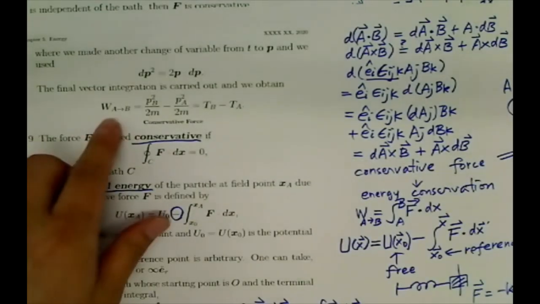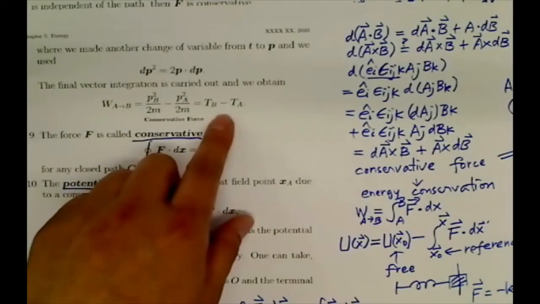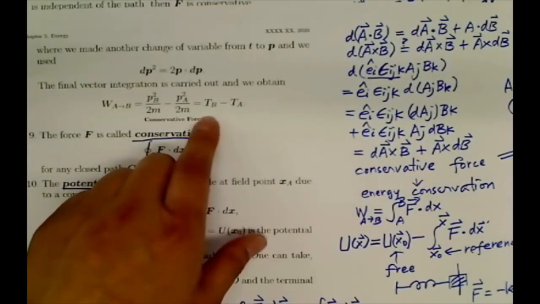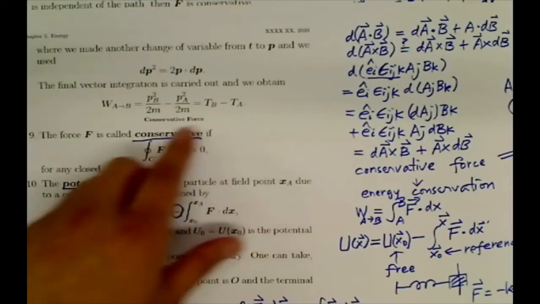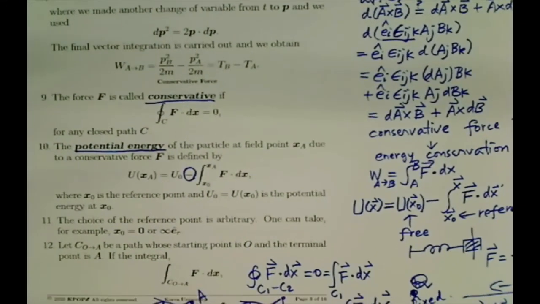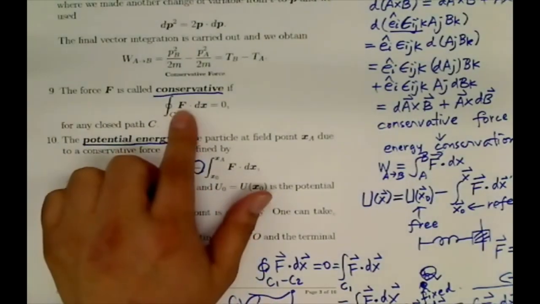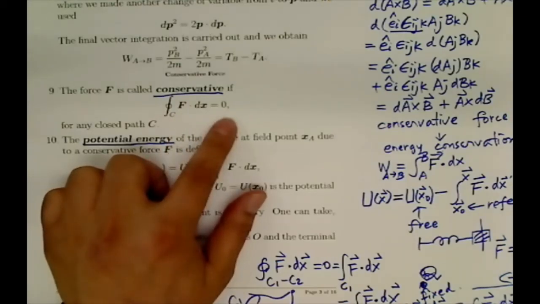Work done by a force from A to B changes the kinetic energy, so that the final kinetic energy subtracted by the initial kinetic energy will be the same as the work during the process. The force was called conservative if the work done along a closed path becomes zero.